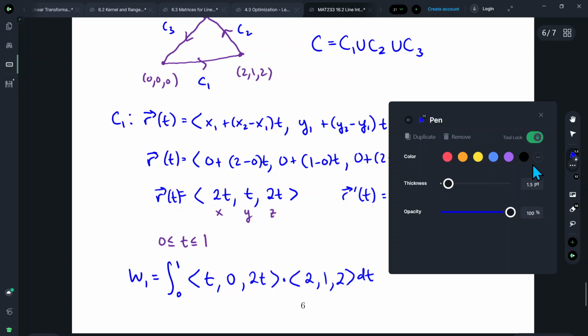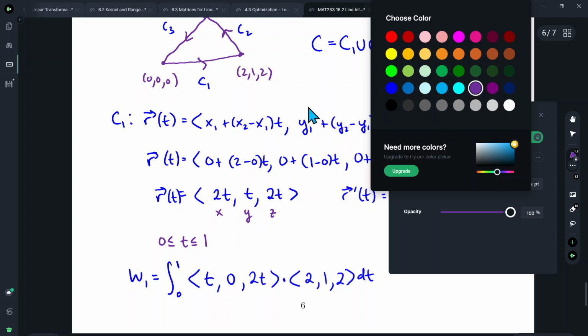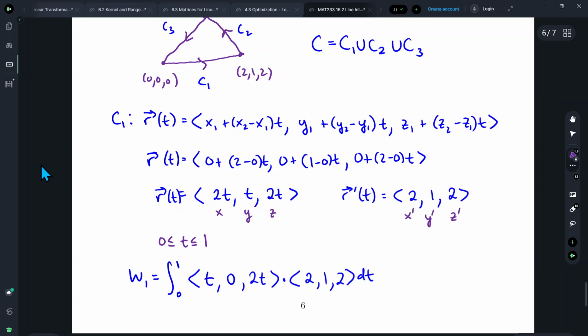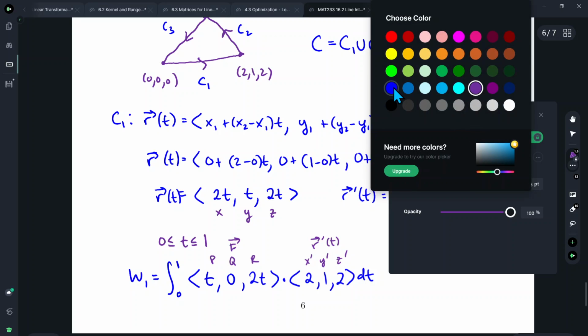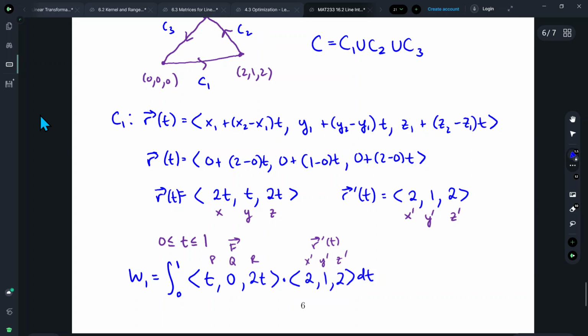Let me just annotate that. This is F bar, the vector field, so this is P, Q, and R, and this is r prime of t: x prime, y prime, z prime. Now to calculate this integral, we just need to take the dot product.